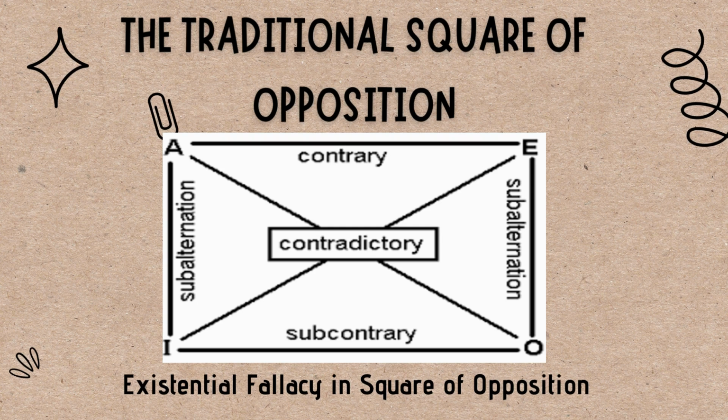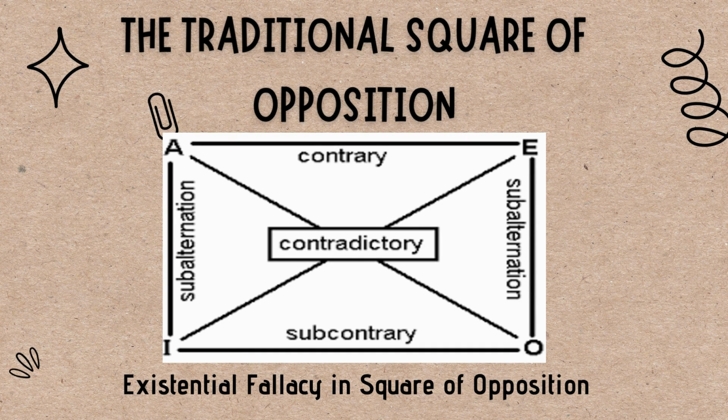Both cannot be false, but both can be true. As usual, if one is false, definitely the other will be true. And if one is true, the other will be doubtful. They both have the same subject and predicate but differ in quality. These are the characteristics of sub-contrary statements.